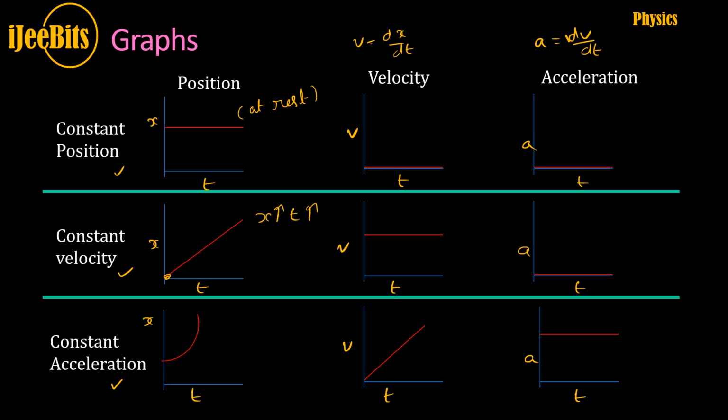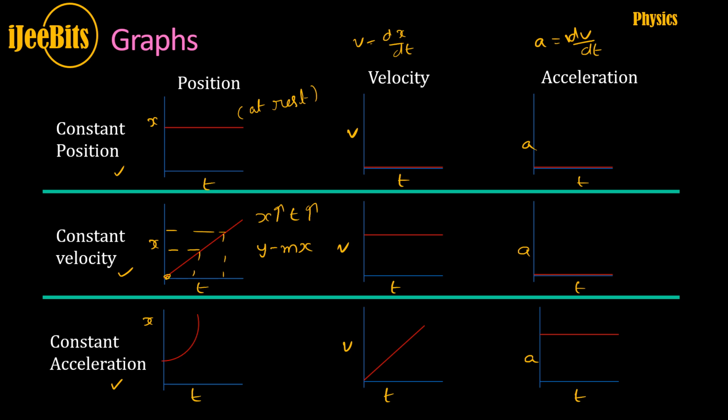And if you look at the slope of the xt graph, you get a constant value, and hence this graph is known as constant velocity. The xt graph is a line starting from the origin going upward, a y is equal to mx graph basically, right? So you have a constant slope, and hence this is the constant velocity graph.